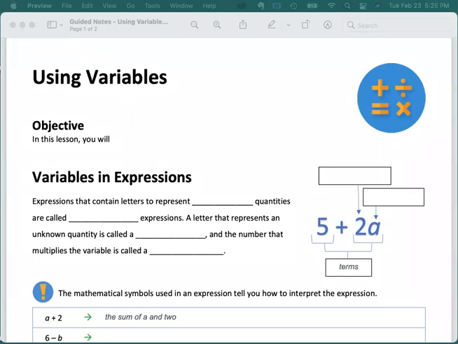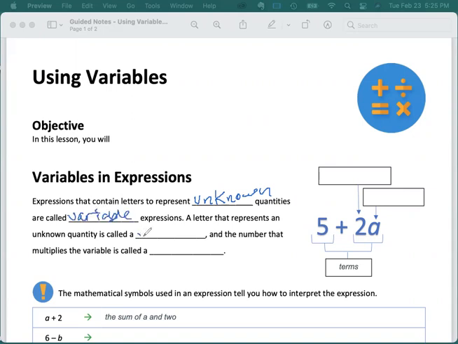And expressions that contain letters to represent unknown quantities. So if you don't know what something is, it can be called a variable expression.